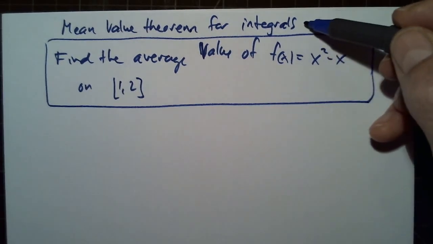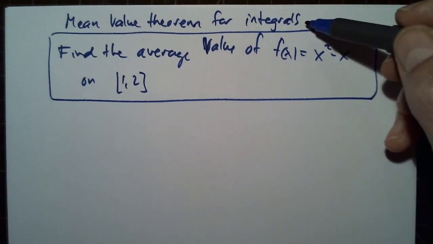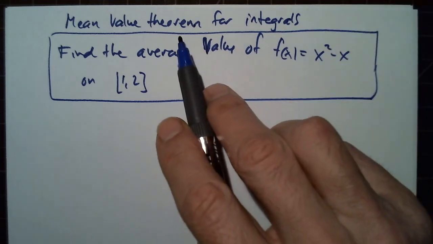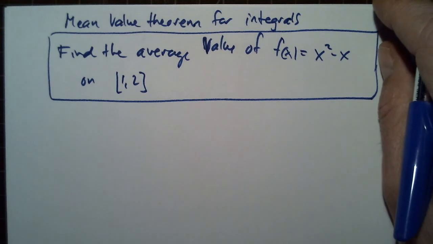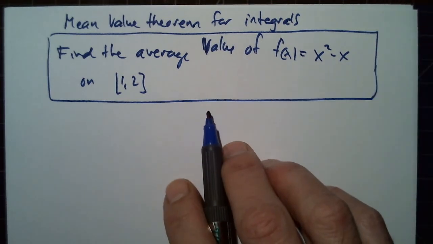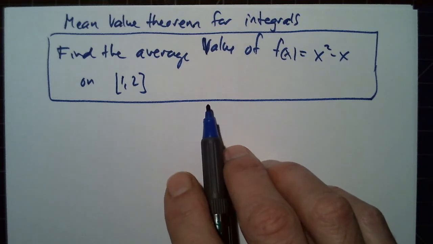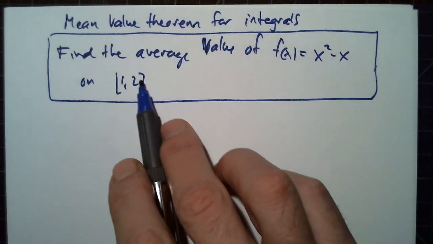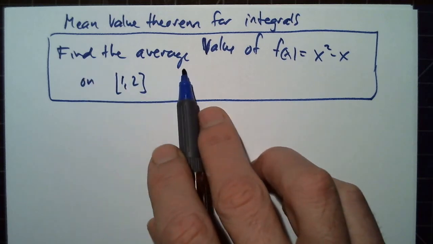The mean value theorem for integrals only requires that the function is continuous. The mean value theorem for derivatives required that the function was differentiable also. So here, this is manipulating the mean value theorem to find the average value. That's a really common question.